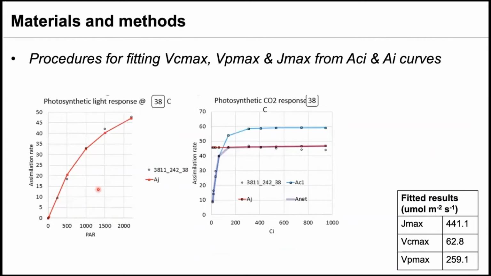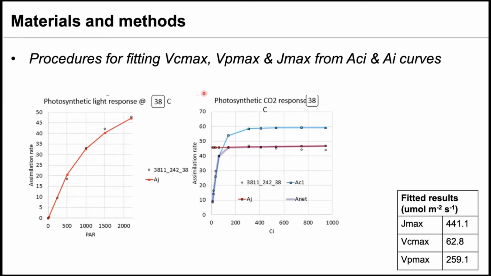Well, to predict Vcmax, Vpmax, and Jmax from hyperspectral sensing data is not straightforward. We need a C4 photosynthesis model to fit the three photosynthetic parameters first, and then use a regression method to predict these traits from sensing data.